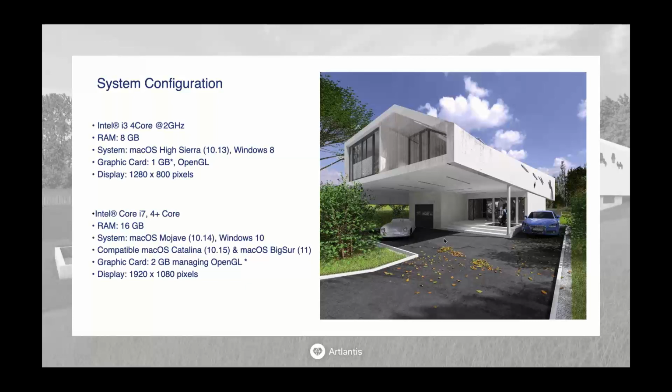With all this, the graphic card is not very strong, as you see, and it doesn't even give a type of graphic card. Artlantis doesn't have a preference for any type of graphic card, because the graphic card itself doesn't participate so much in the process.